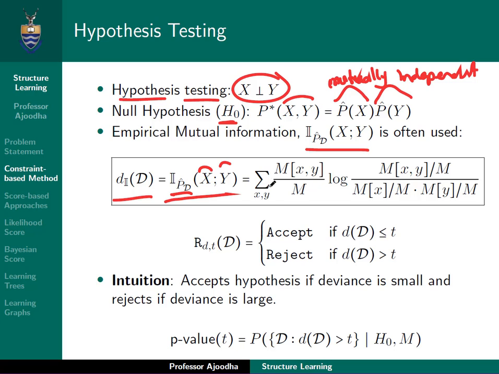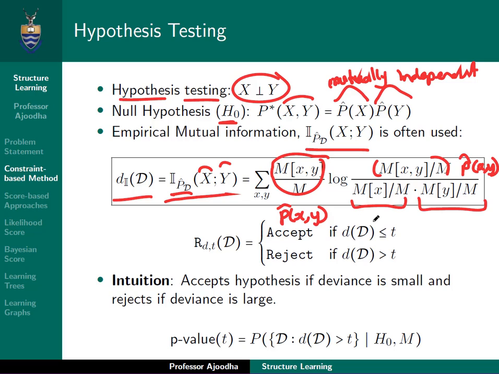Let's now look at how this is done. This formula is a very natural formula. We are basically looking at the ratio of them being together, which is the empirical distribution of x and y, over the empirical distribution of x and y if they were a product of mutually independent variables.